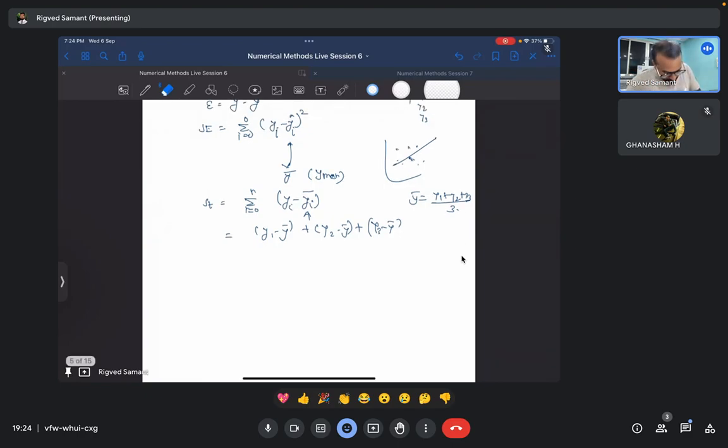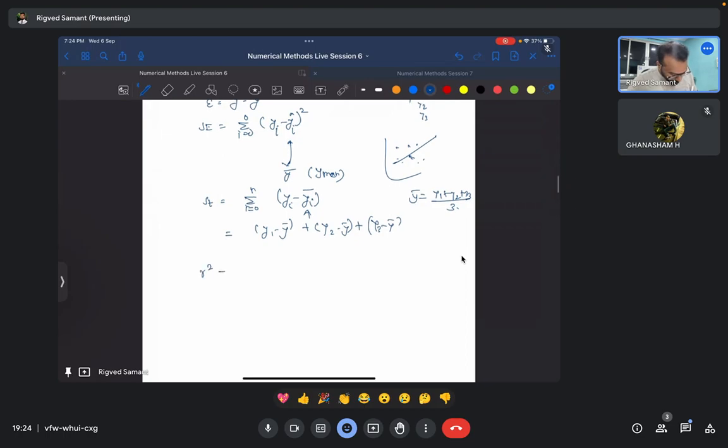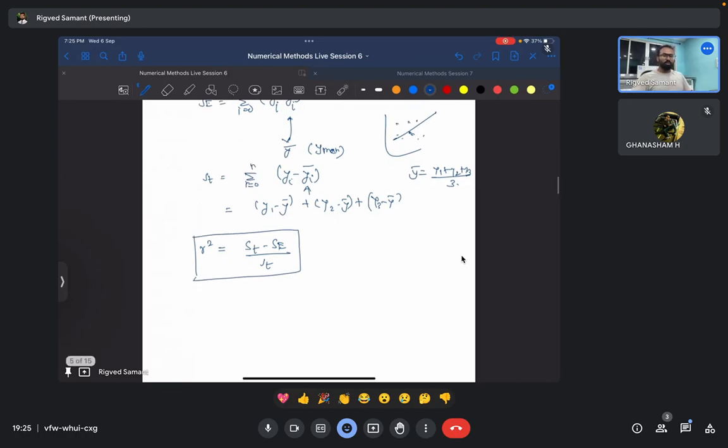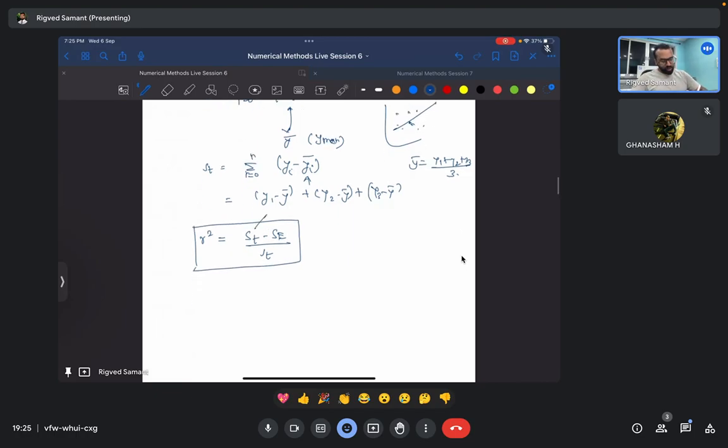R square is nothing but ST minus SE divided by your ST. So how will you find ST and how will you find SE?